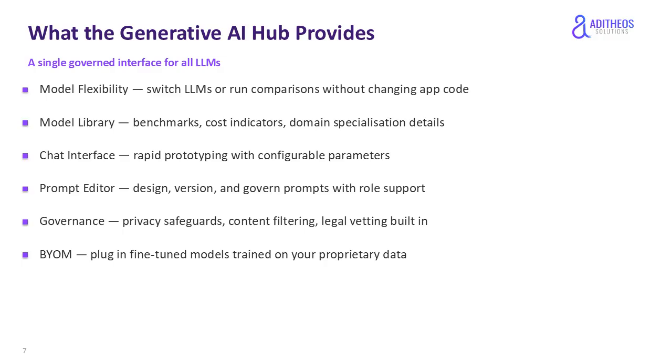Prompt editor and prompt management, a complete environment for designing, versioning, and governing prompts with support for system, user, and assistant roles, variables, and metadata tagging. Governance and compliance, privacy safeguards, legal vetting, content filtering, and commercial frameworks built in. And bring your own model. Organizations can plug in fine-tuned models trained on proprietary data while still benefiting from the Hub's governance infrastructure.